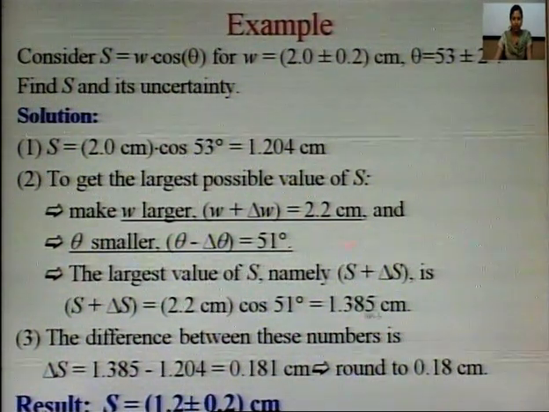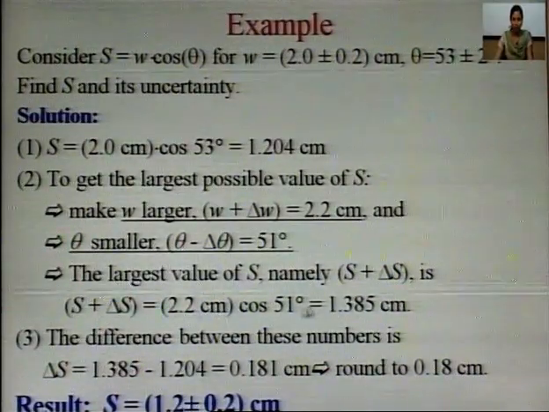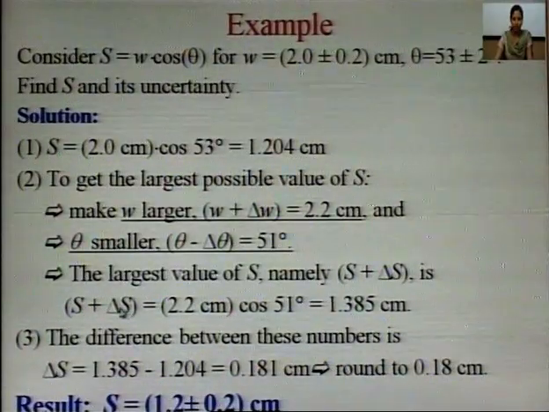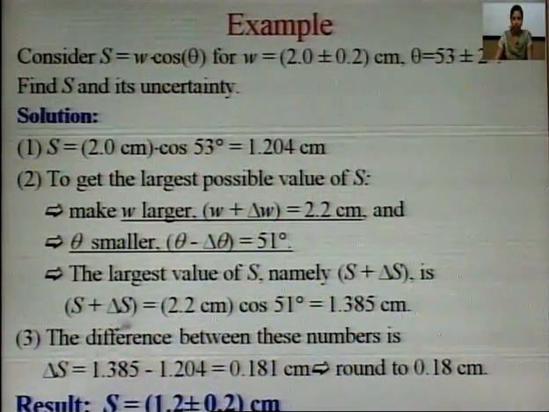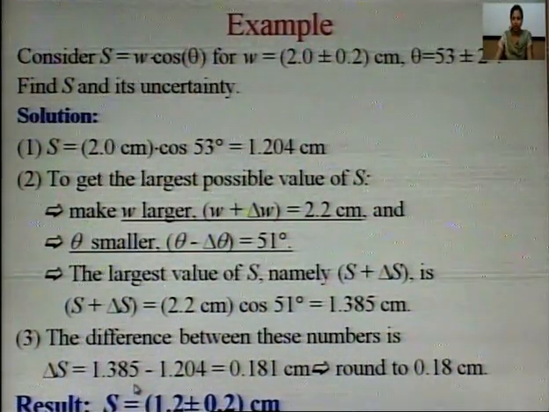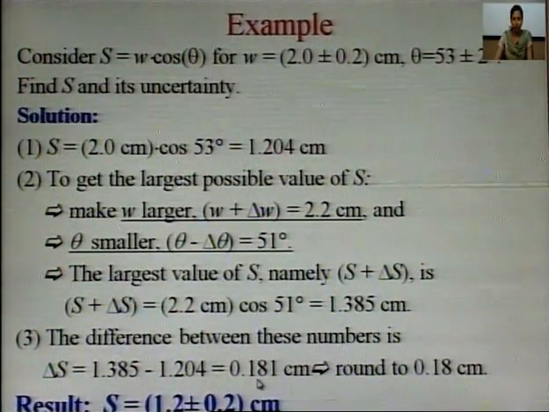So S plus delta S comes out to be 1.385. S is 1.204 and S plus delta S is 1.385. So delta S is equal to 1.385 minus 1.204, it comes out to be 0.181.